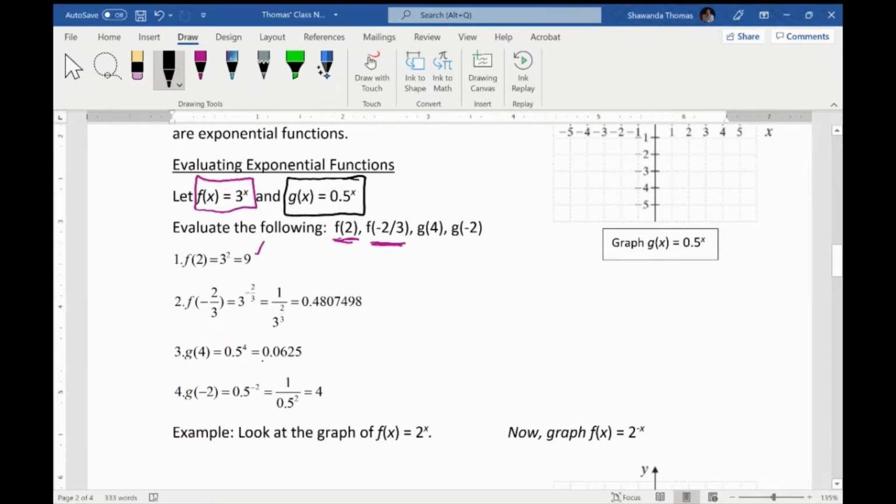Make sure you can get to 0.0625 in your calculator. Also evaluate the function at -2. See if you get to 4. If you got both of those, put a number 2 in the chat for me.